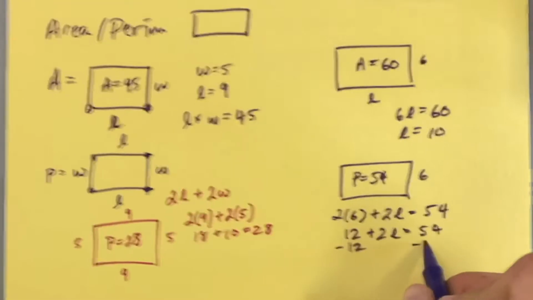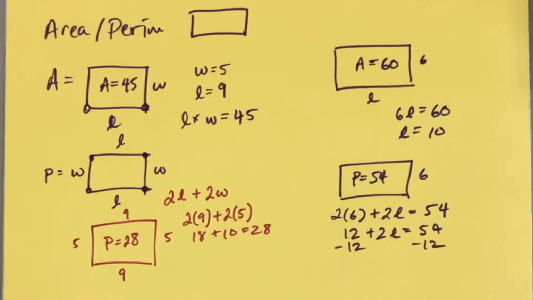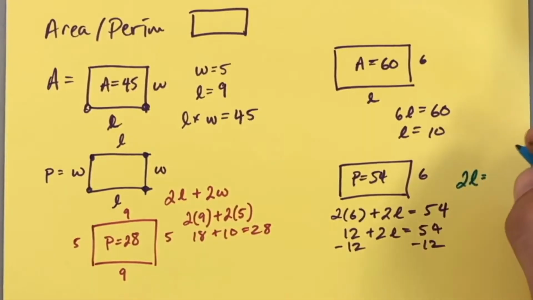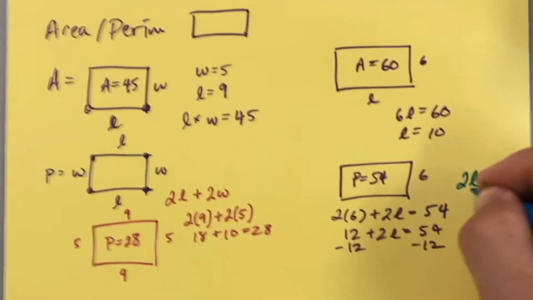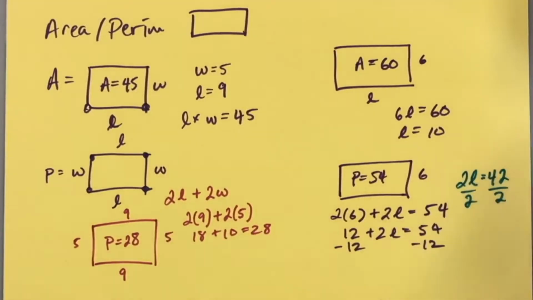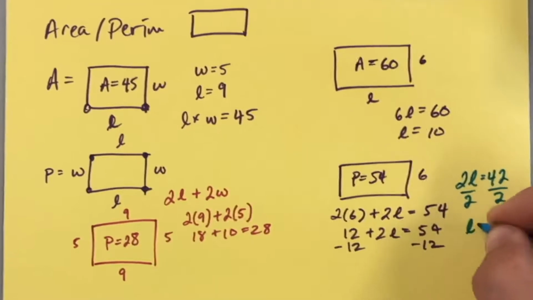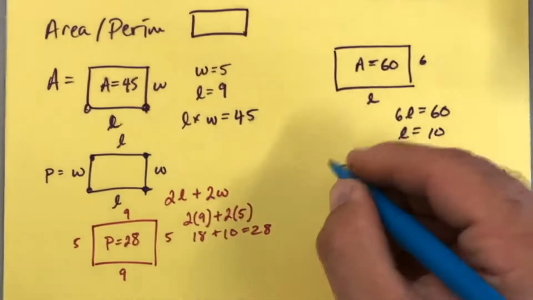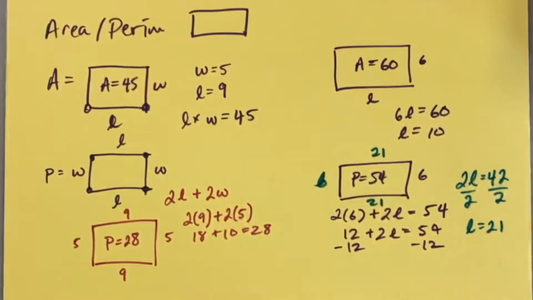Subtract both sides by 12, and then you get 2L is equal to 42. Divide by 2. 40 divided by 2 is 20, 2 divided by 2 is 1, so your length here would have been 21.